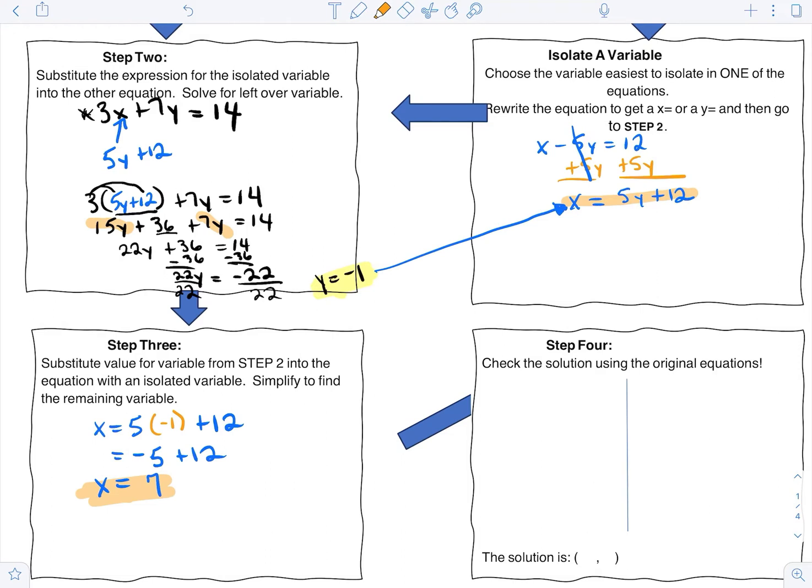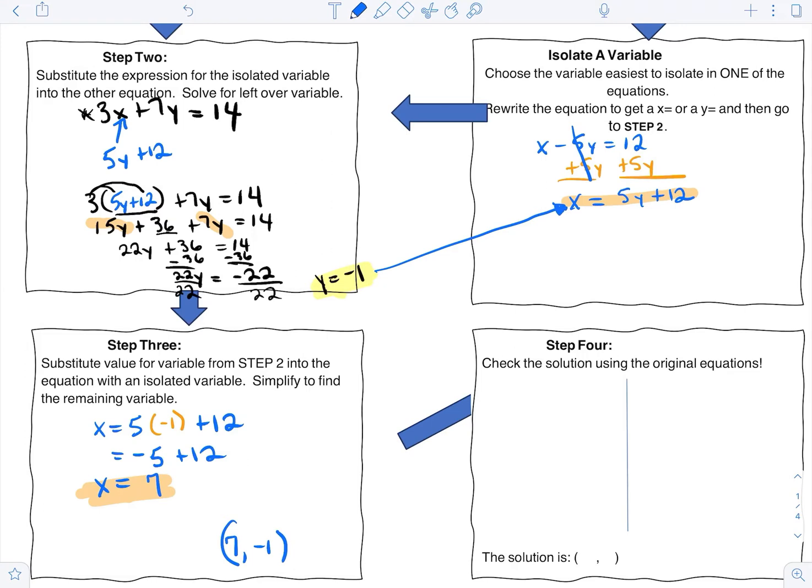So x is 7. So now we have a value for x and y. And we would write 7 comma negative 1 for our solution, but we need to check it.